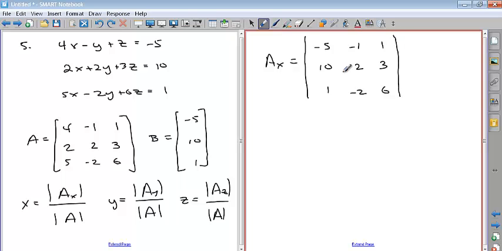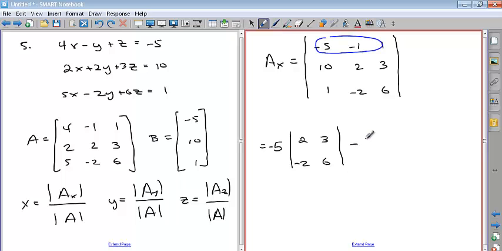Again, I'm going to choose the first row. So we're going to have 5, negative 5. So cross that out, that leaves these 4. So it's 2, 3, negative 2, 6.